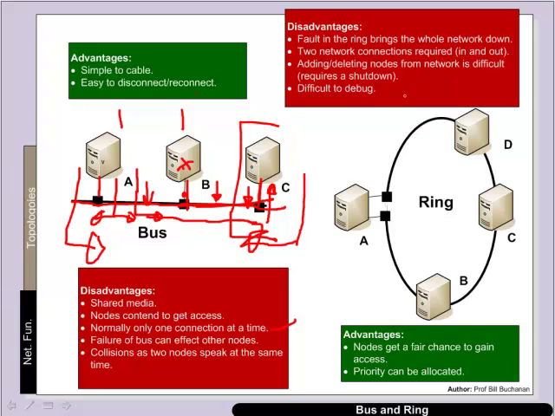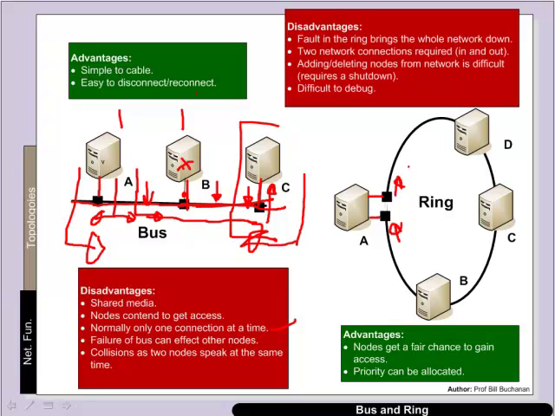The other type of topology that was typical in the early days of networking was a ring topology. With this we create a ring around the network, and we often have two connections, one for incoming and one for outgoing.